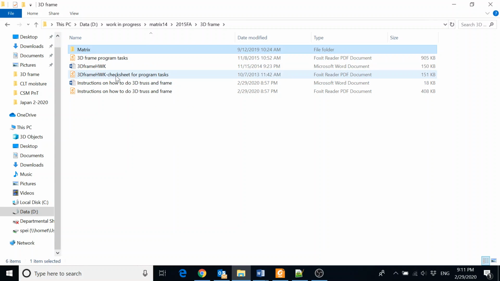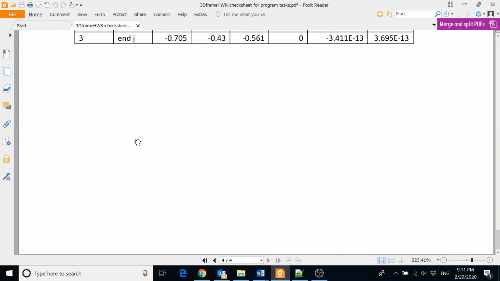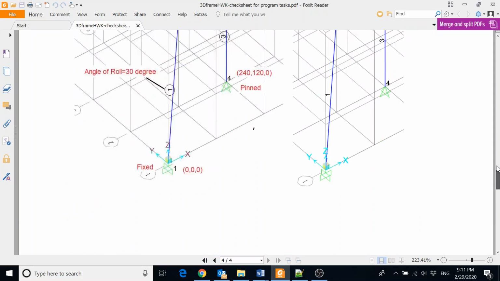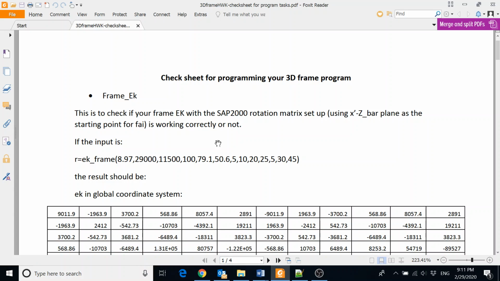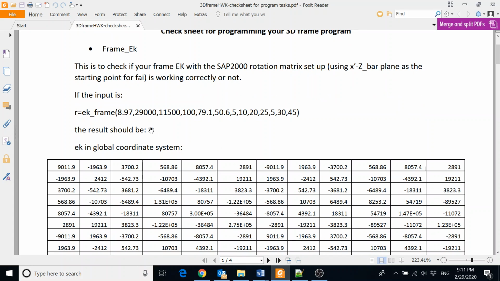Oh yeah, you need to check if your program is working. So I'm also going to attach this file to Canvas. This one is basically the program EK frame, where you give it E, G, and I believe this is IX, IY, IZ.